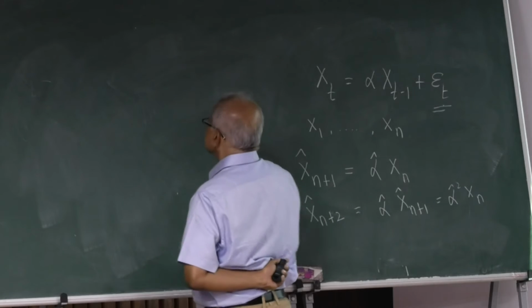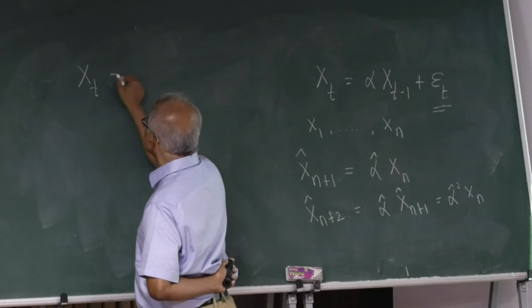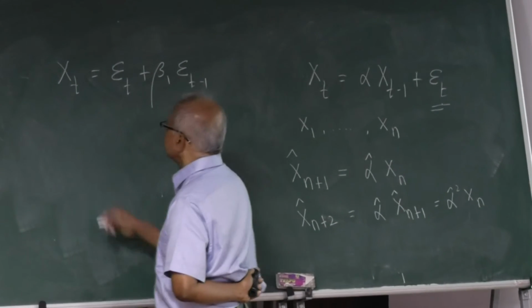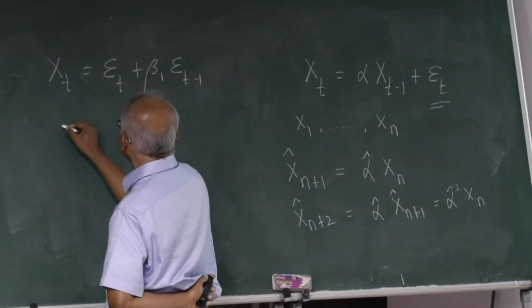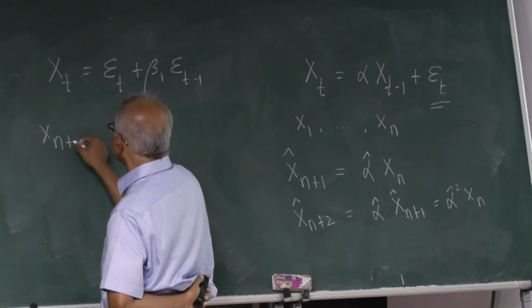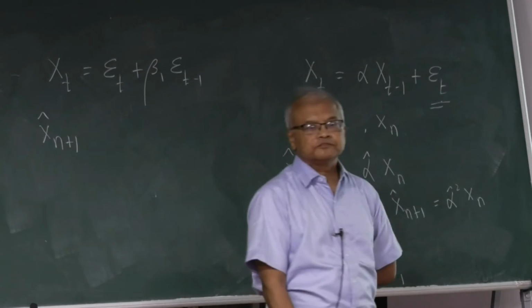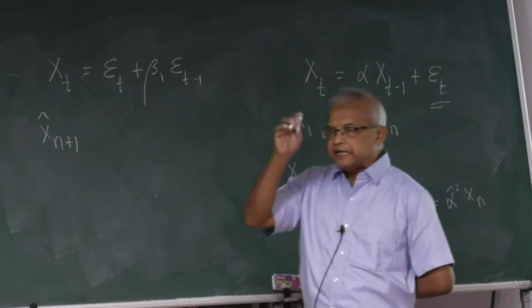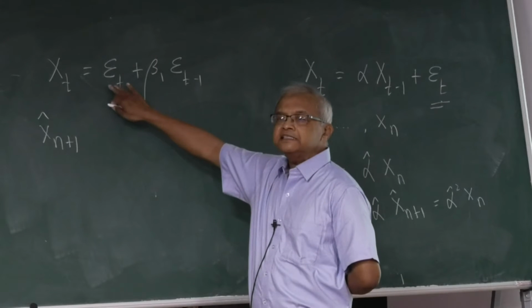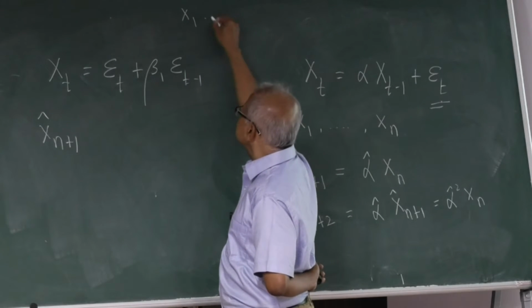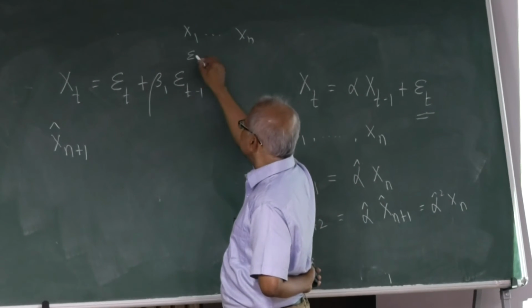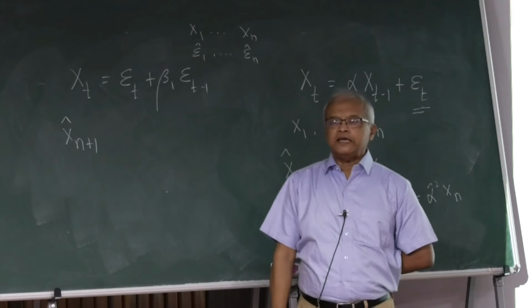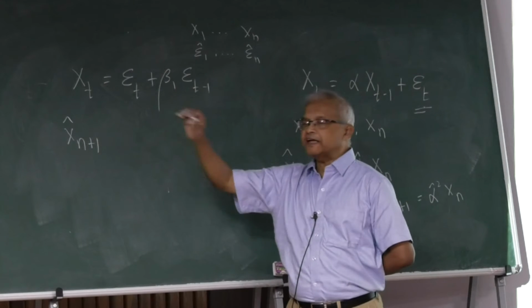But tell me something like this. xt is, okay, and I want to predict xn plus 1 here. What I can tell you is that when they do this, they get estimates given x1, x2, xn. I can also estimate epsilon 1, epsilon 2, epsilon n hat. Okay, so given this, what would be this value?